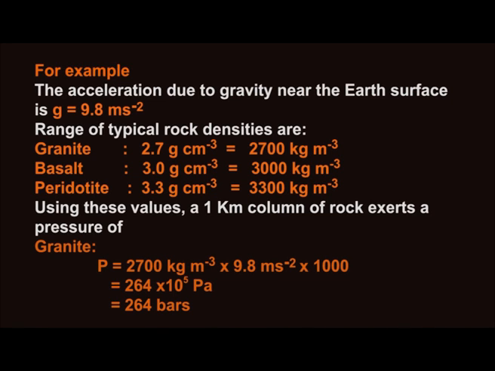Using these values, a 1 kilometer column of granite exerts a pressure P equal to 2700 into 9.8 into 1000, equal to 264 into 10 to the power 5 Pascal, equal to 264 bars.